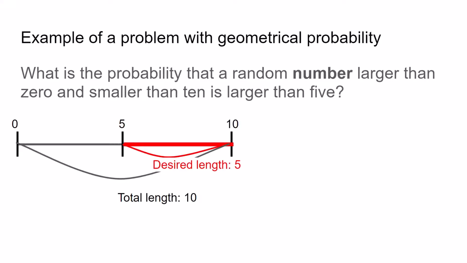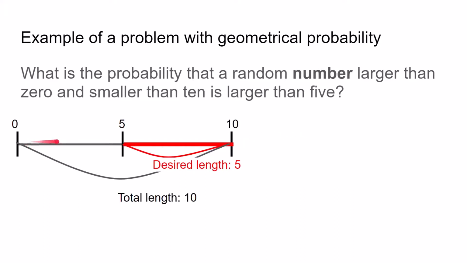The fact that 0 is here doesn't actually matter, since 0 is just one case. It's a finite number of cases, and since we are dealing with an infinite number of cases, it doesn't impact our probability. And the same goes for 10 and 5.